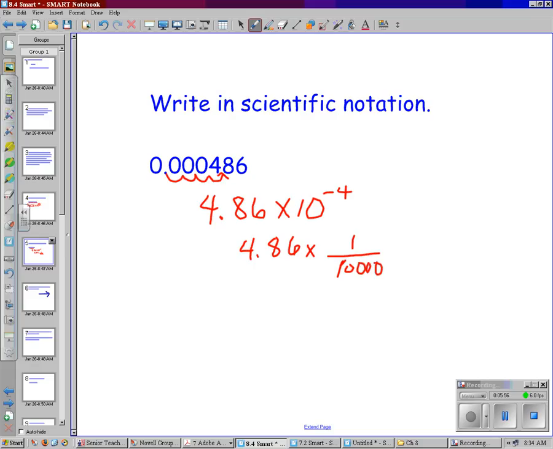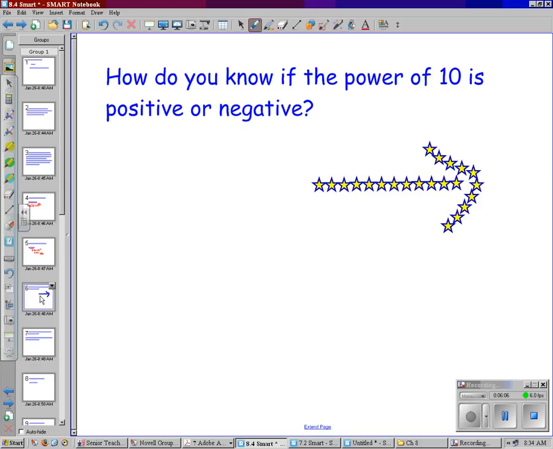So most of you probably knew how to write those in scientific notation already, didn't you? That's the easiest part, right? Okay. How do you know if the power of 10 is positive or negative? How do we know, Jack? Which way you move the decimal. Jake?